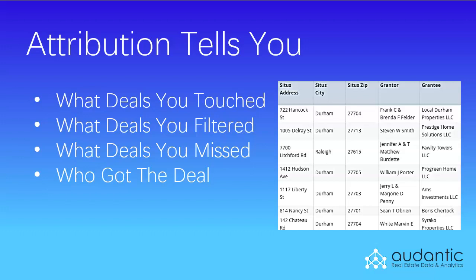I actually talked to this guy over on 722 Hancock. I talked to them, and they ended up selling to local Durham. Crap, why? Now you actually have a way to figure out how you lost the deal. And it's not guessing. You're able to look and see who purchased it and how it went down. Where did it drop out?